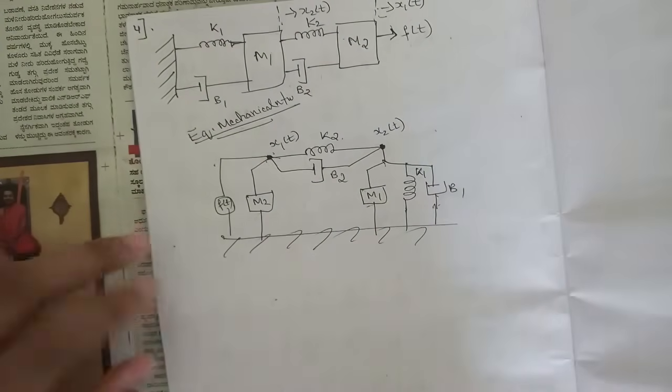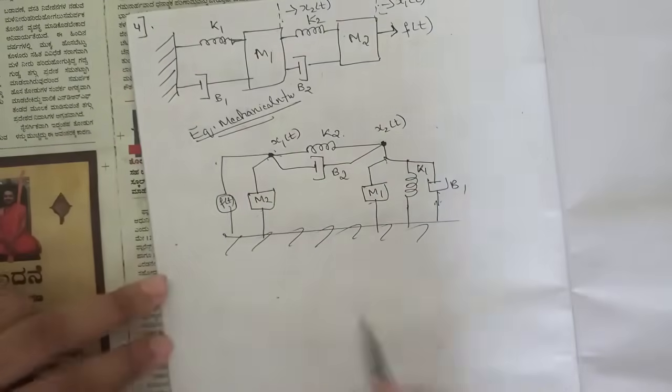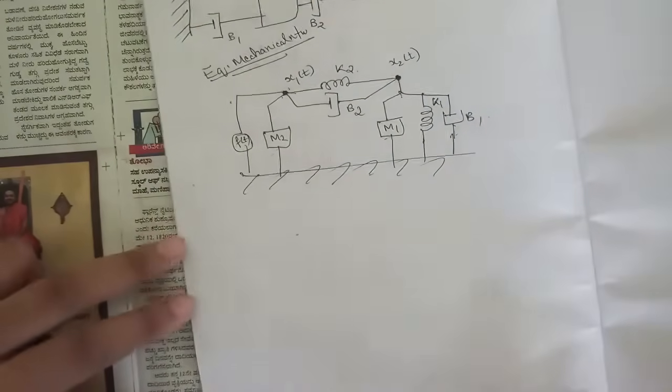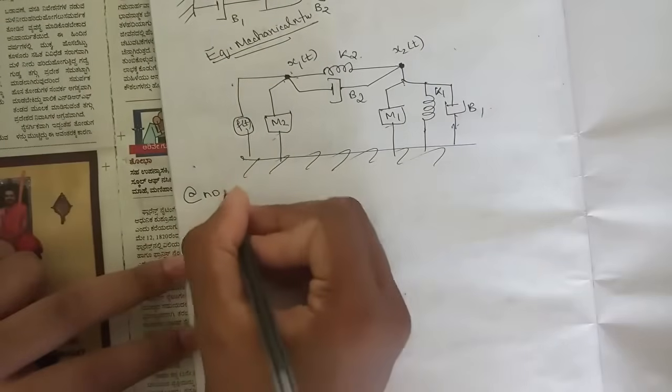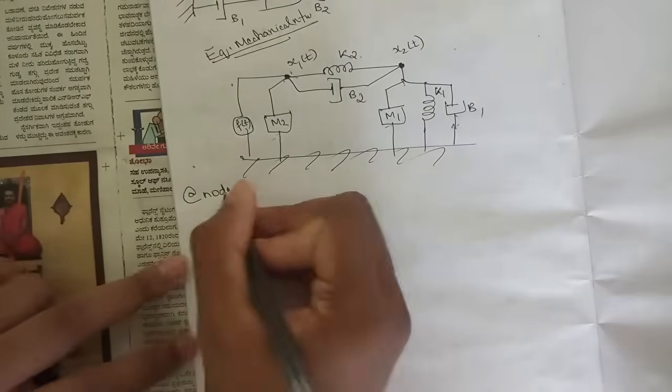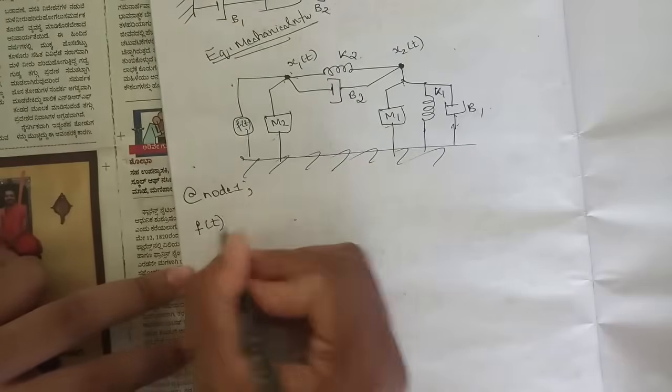Now first thing we need to write is the equilibrium equations for these two nodes. Since we have two nodes, we would be having two equations. One is at node 1. At node 1 we have this force, so write f of t first.